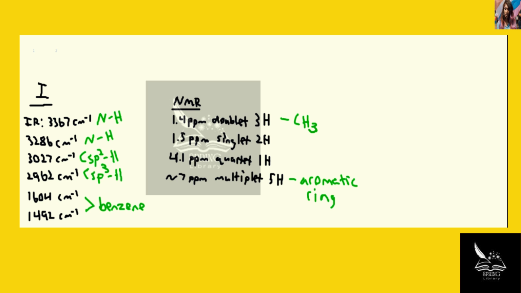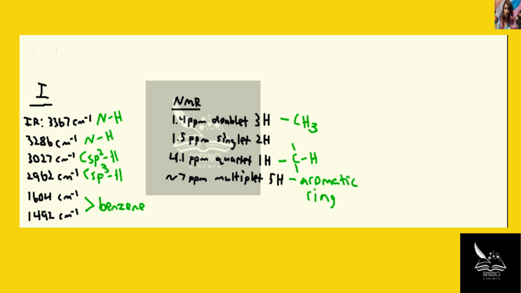And so we have a signal that integrates to 1. This third signal here at 4.1 ppm is probably a carbon with 3 bonds to other carbons and 1 proton on it. So probably like that.